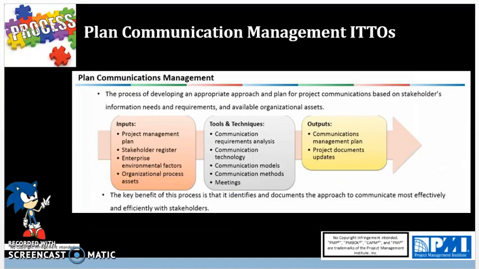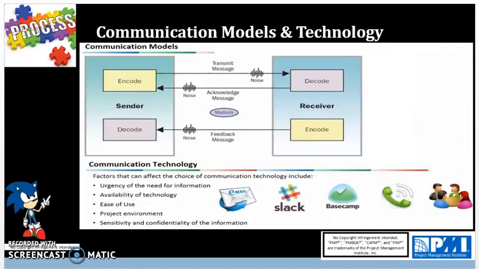Other tools here are communication models. As we saw here, the most common model you'll be tested on is the sender-receiver model, where the sender is basically encoding the message and transmits it over, and then the receiver will decode it and understand the message.